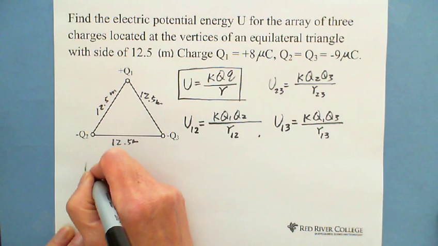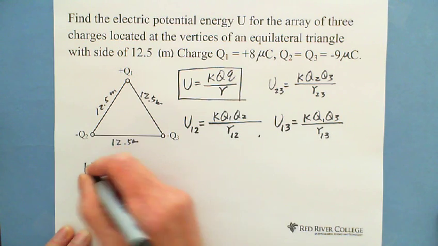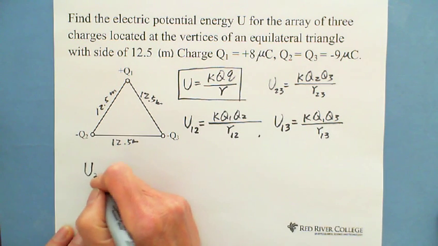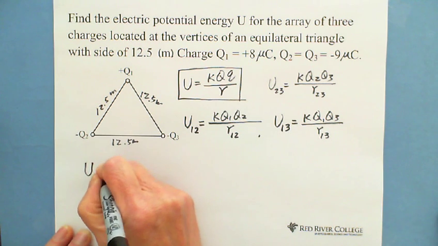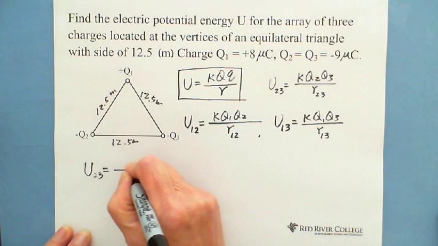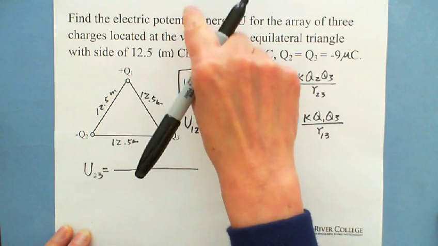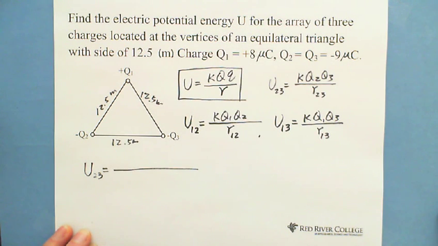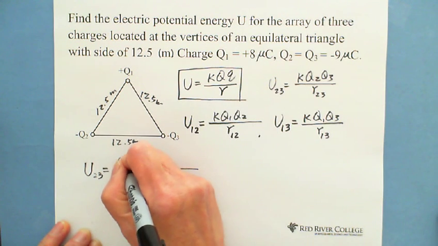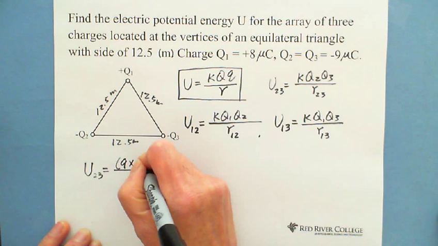We can do U23, with Q2 and Q3. The unit of electric potential energy is joules. K is Coulomb's constant, 9 times 10 to the 9.